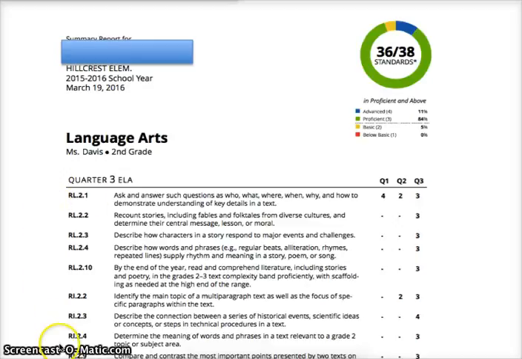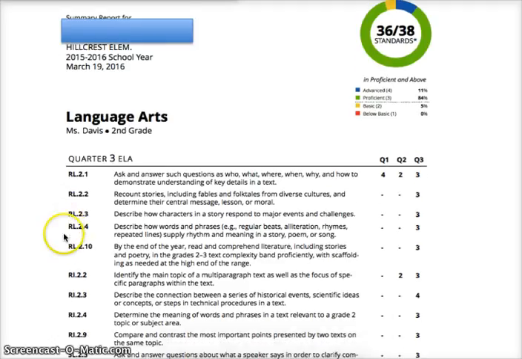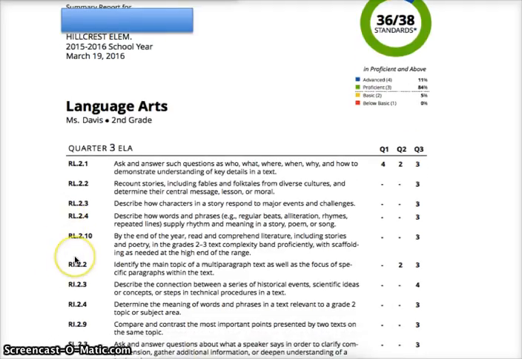Over here, these are where the standards are. So for language arts, if it's an RL, that means reading literature. Those are your fiction stories. RI would be reading information. So that's why you might see what looks like the same standard repeated twice, and that's why some grades are different. Some might have a 3 and some might have a 2.